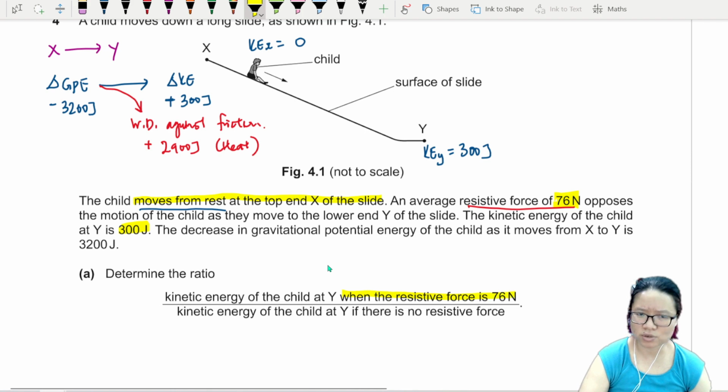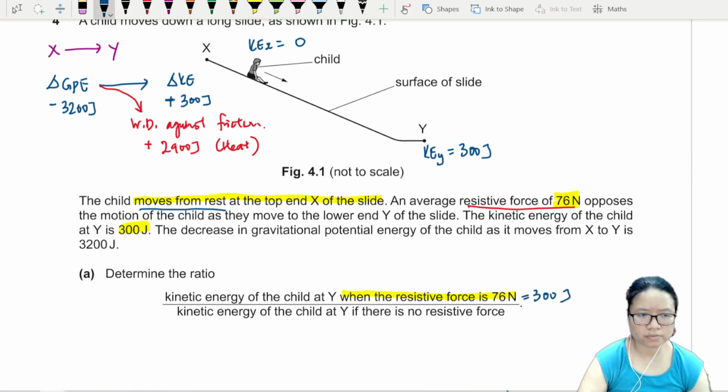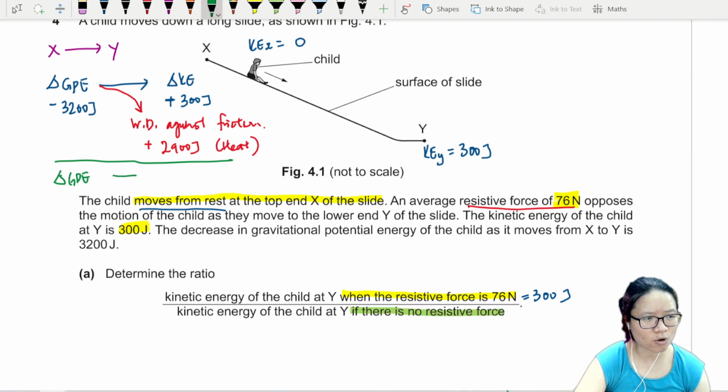All right. So right now they want the ratio of the kinetic energy of the child when the resistive force is 76 Newton, so this 300 joule, and the kinetic energy of the child if there is no resistive force. If there's no resistive force, in an alternate universe, then all the GPE will become KE.